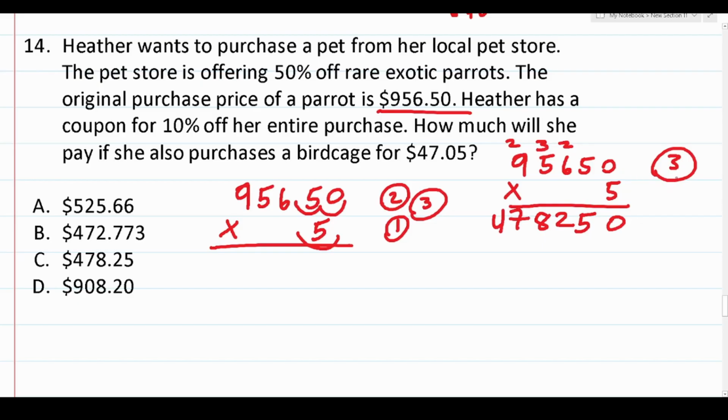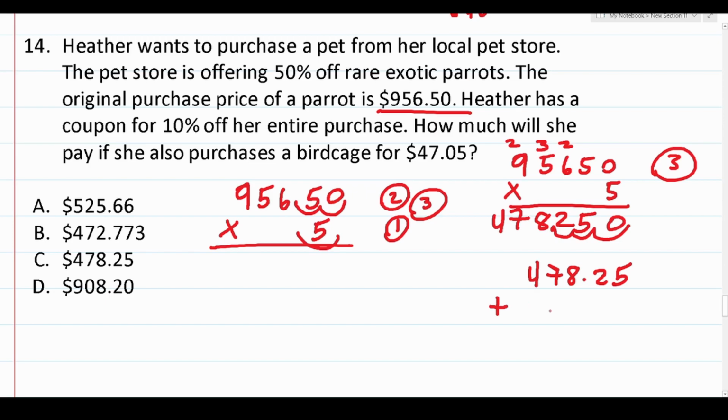Let's shift our 3 decimals back in. 1, 2, 3. So we can see that half of 956.50 is going to be 478.25.